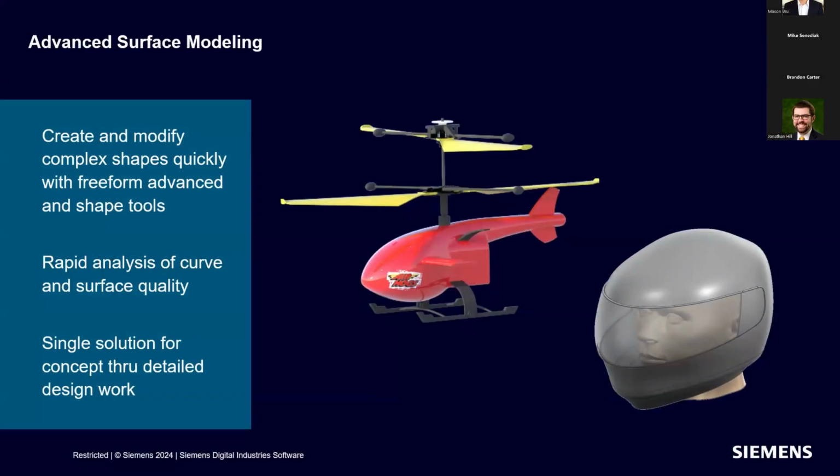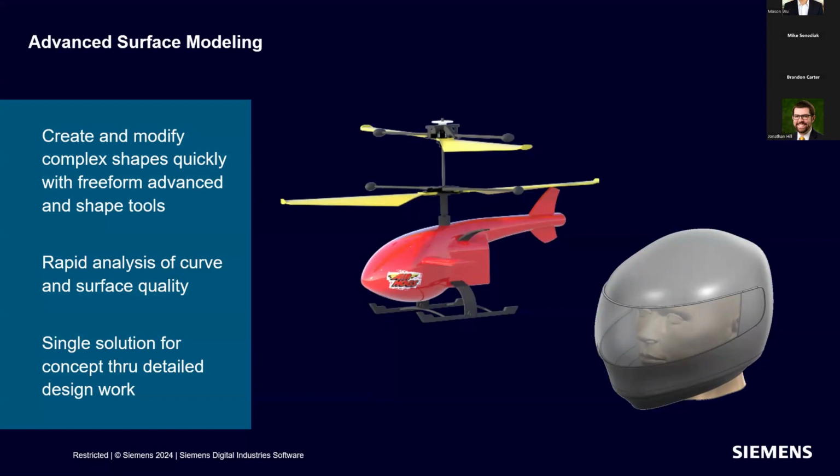It allows us to take it to the next level with continuity and the different controls that you might need on your surfaces. If you're doing Class A surfacing or aircraft development, you want that next level of shape control. So there's a lot that we'll go through in these two examples to show you what some of those advanced functions are that you might get as you move up in the service level of NX.